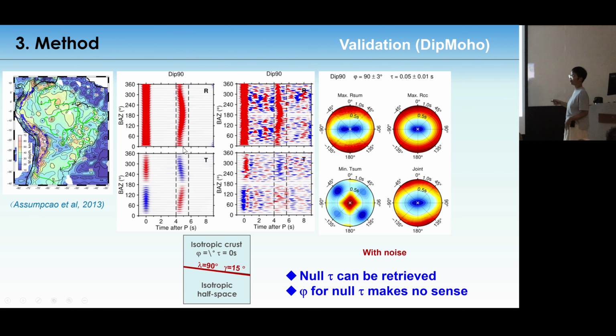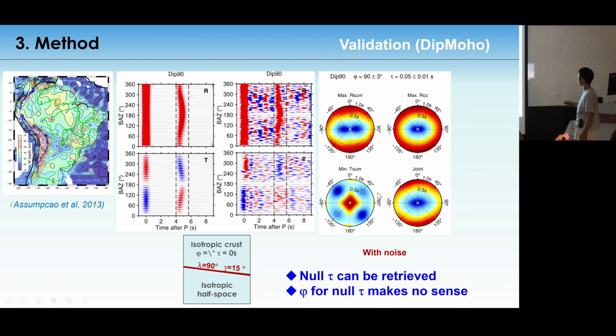So we did another test with a dipping Moho. This model is also simple, but the crust is isotropic, and the Moho is dipping. We can see that the PMS also varies periodically with the BAZ, but the period of the harmonic is different from the case of the anisotropy.